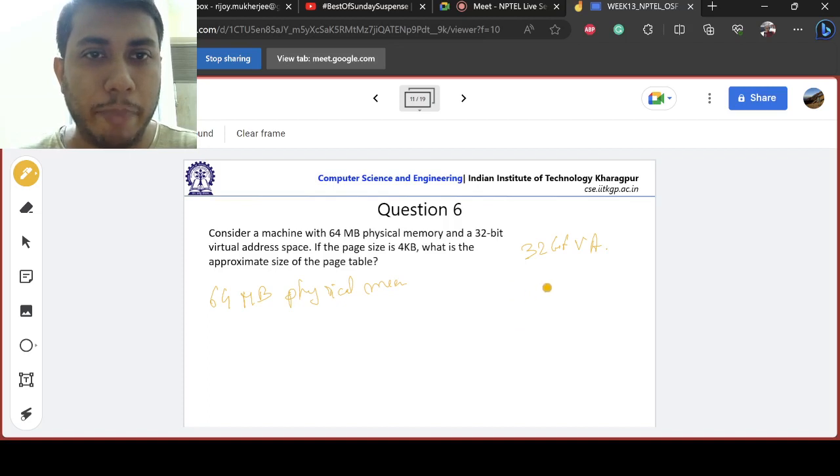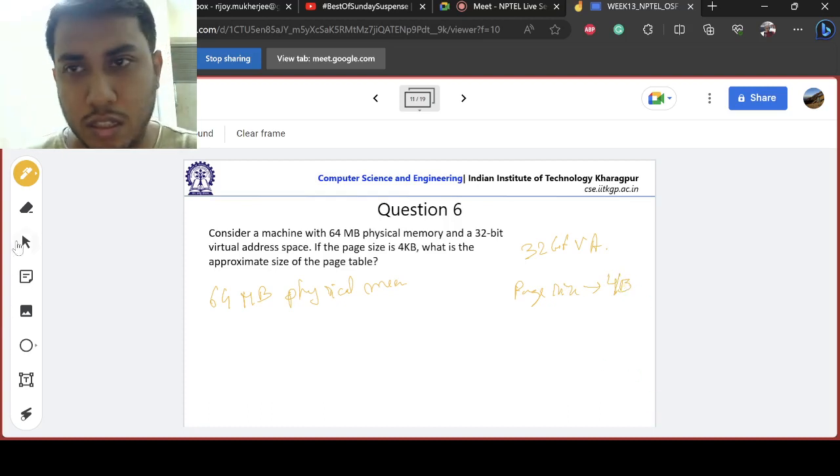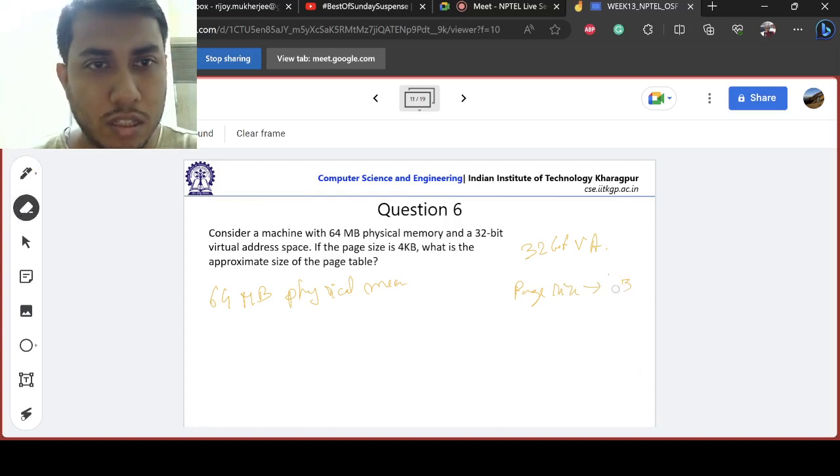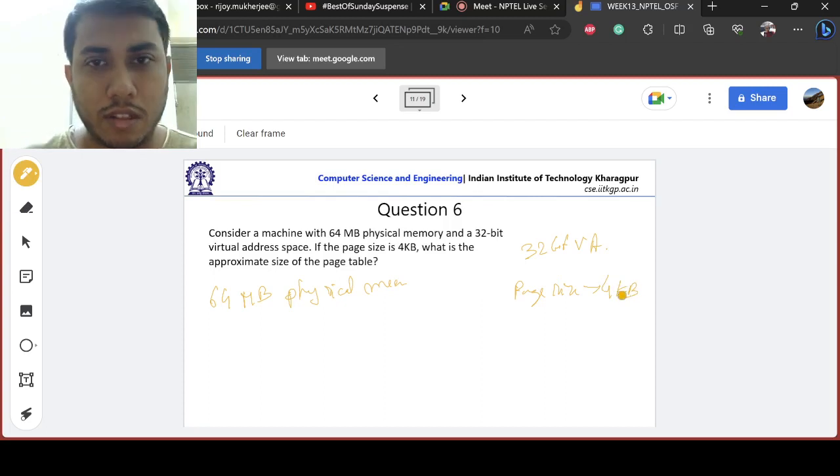Now, if the page size is 4 KB, what is the approximate size of the page table?